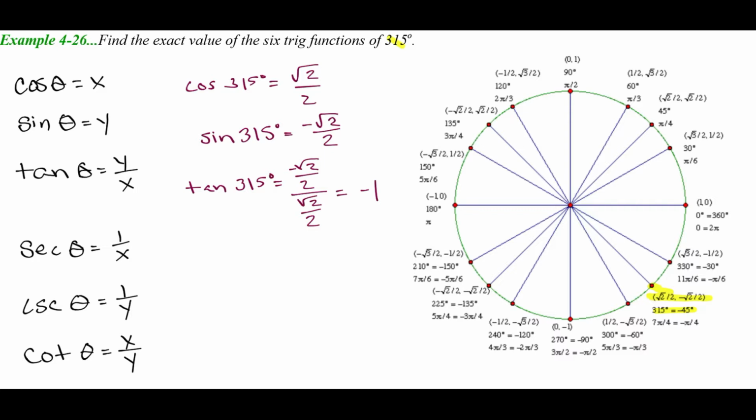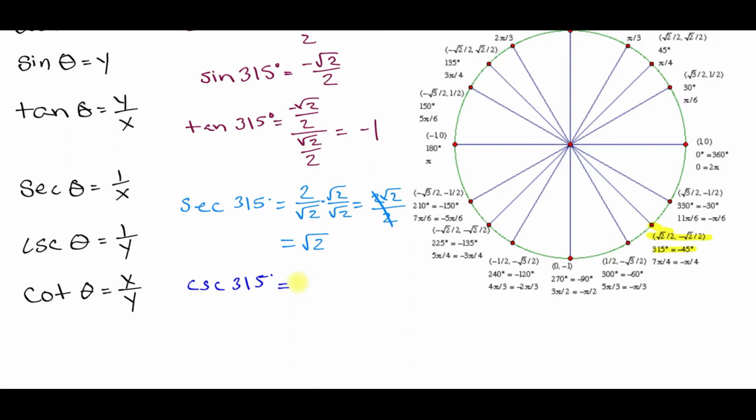Then if we go on to our reciprocal functions, so the secant of 315 is the reciprocal of cosine. So if I flip my cosine value, that's going to be 2 over radical 2. Again, this is a place where we're going to rationalize, so we're going to go ahead and multiply by radical 2 over radical 2. 2 radical 2 over 2, the 2's would cancel out, so we will just have square root 2 there.